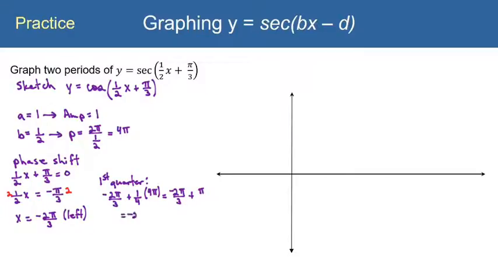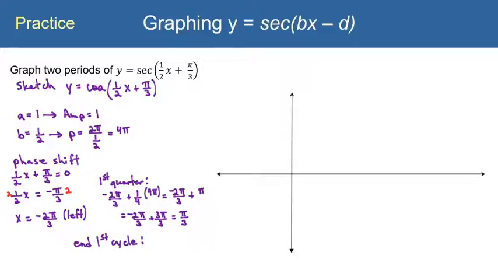And to get common denominators, we'll say negative 2 pi over 3 plus 3 pi over 3, which puts our first quarter mark at 1 pi over 3. So that's good news, actually. It means that our first quarter mark is to the right of the y-axis, and we don't have to calculate any other quarter marks. Okay, let's go ahead and calculate the end of the first cycle.